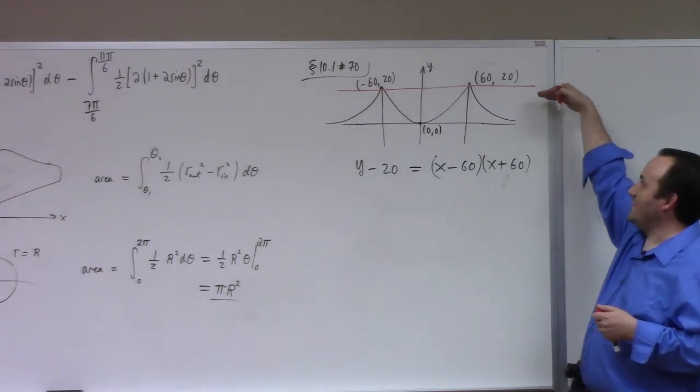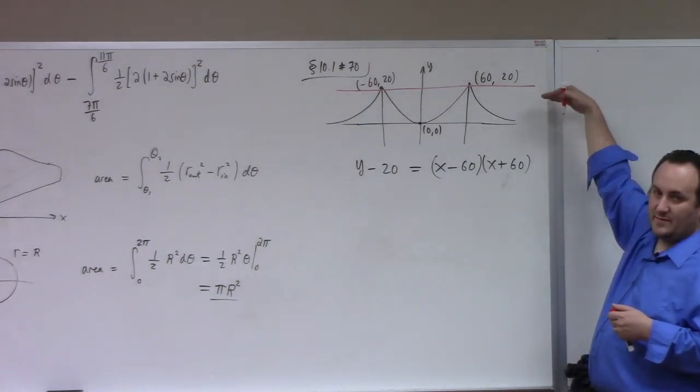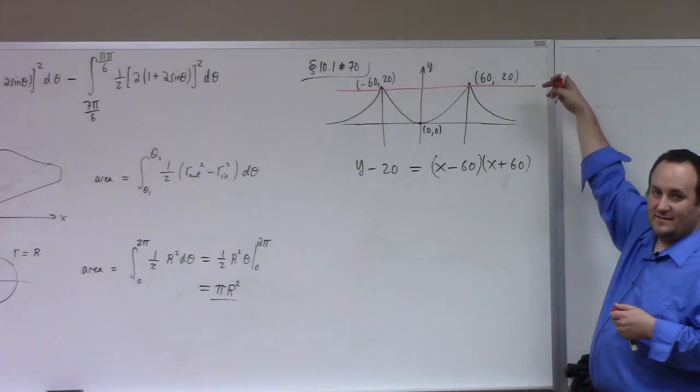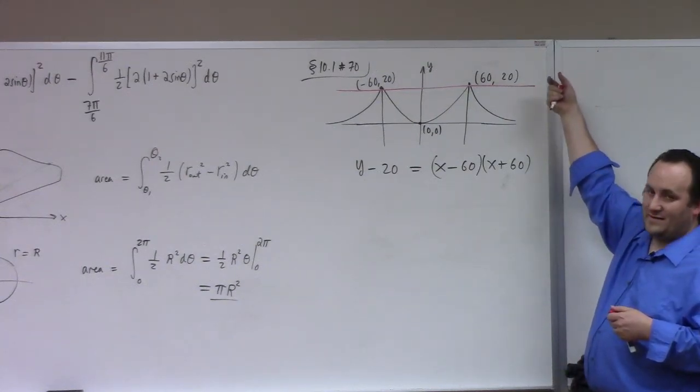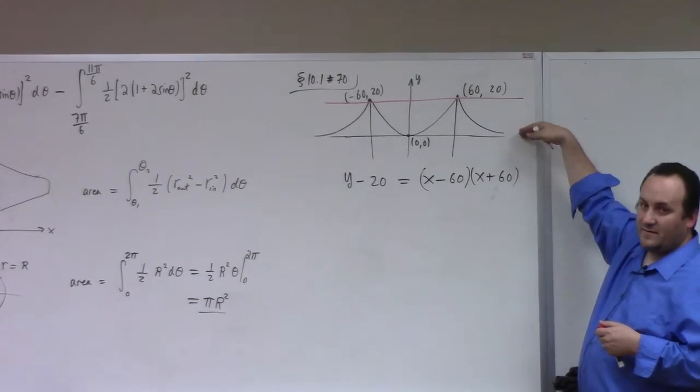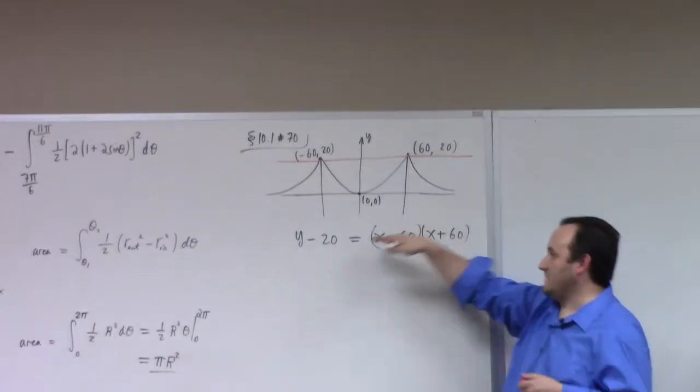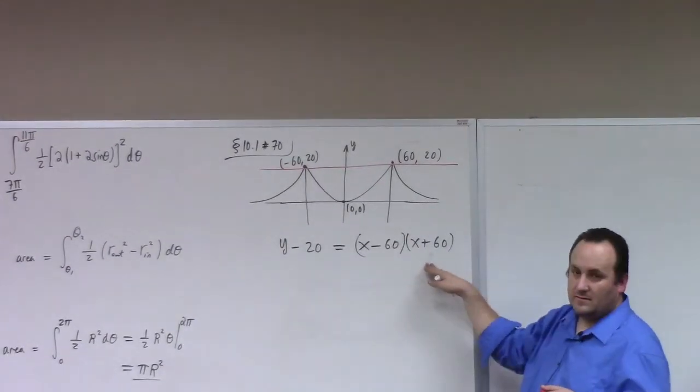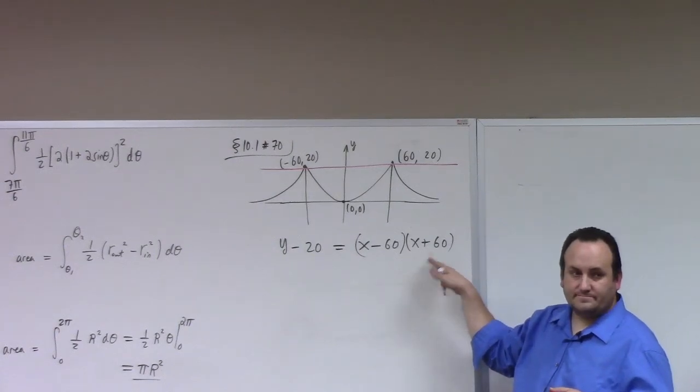If it was like that, everyone would write down (x minus 60) times (x plus 60) because it's got those intercepts. But that's not honest because y equals 0 is down here, but that's easy enough to fix. I just subtract 20, and this has to be the formula for it.